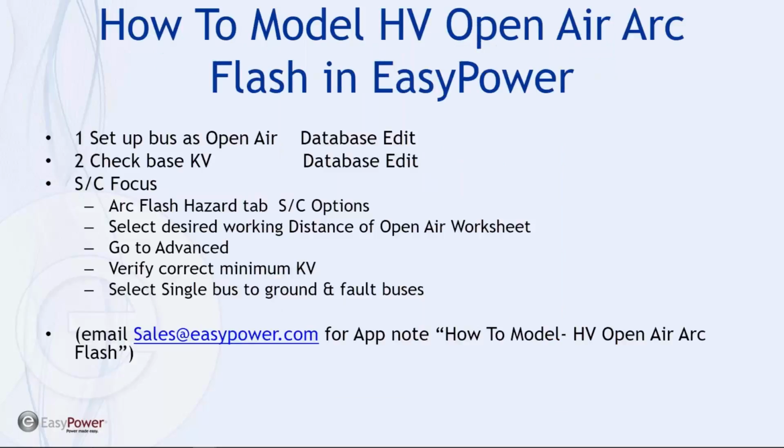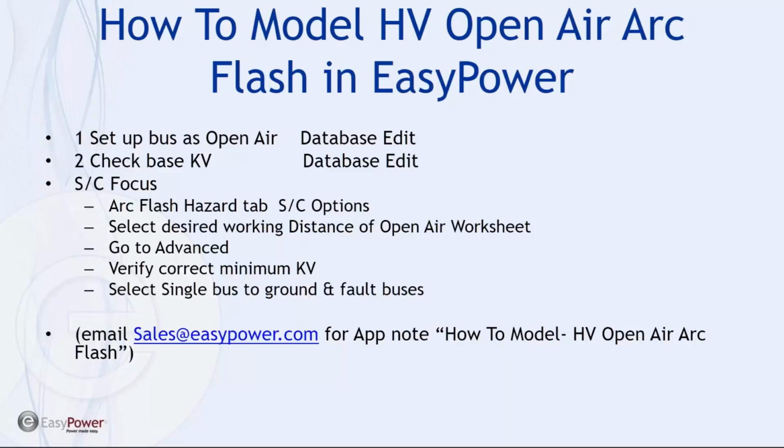Okay, the way this works in EasyPower is pretty straightforward. You set up the bus as an open air bus, and you do this in database edit. You make sure that you understand what the voltages are that are being set up for open air.